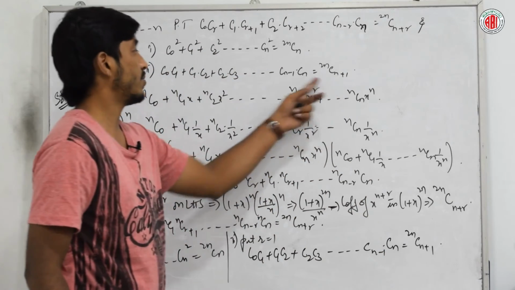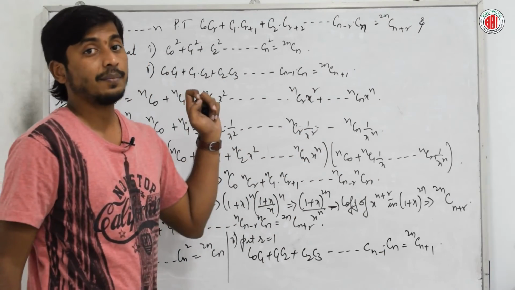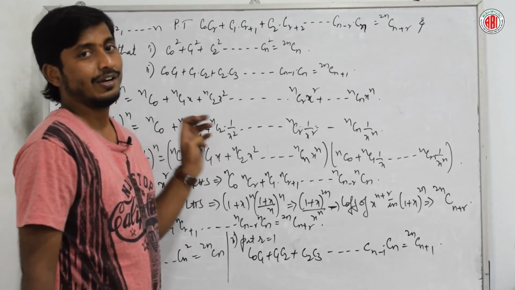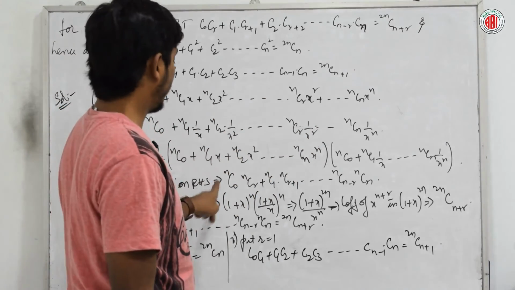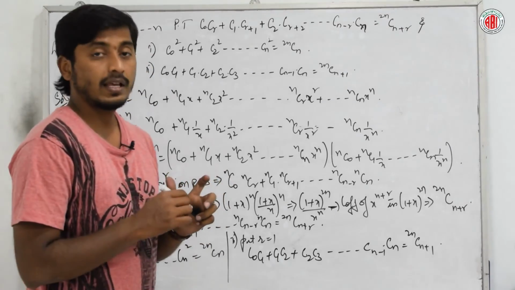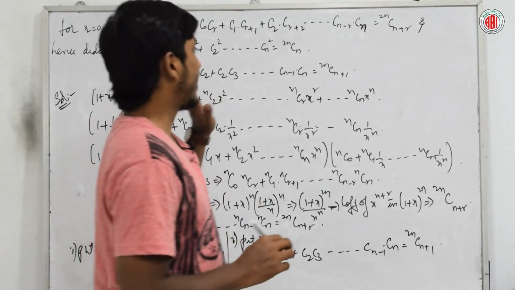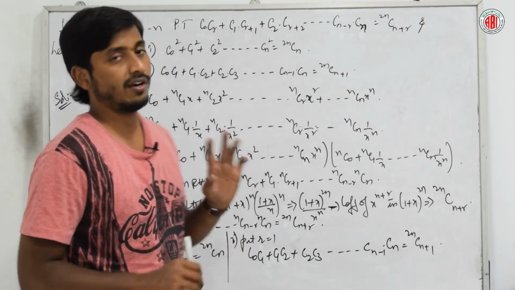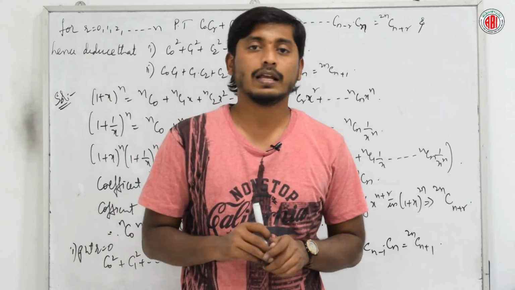That is what he asked us to prove. Is it simple? But only this kind of theory is important here. Don't get confused. If you clearly observe, you will get these terms. This is actually simple if you get this till here. So you can directly substitute 0 and 1. So nothing to worry. Clear?